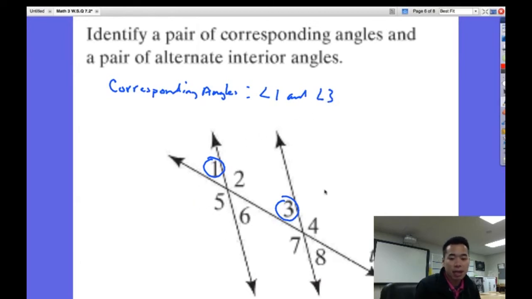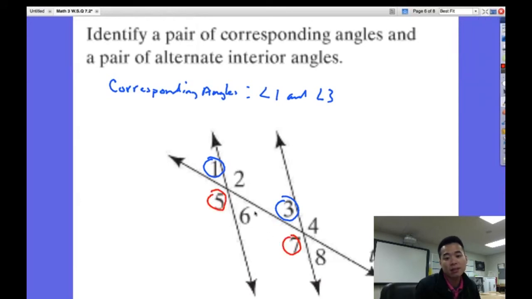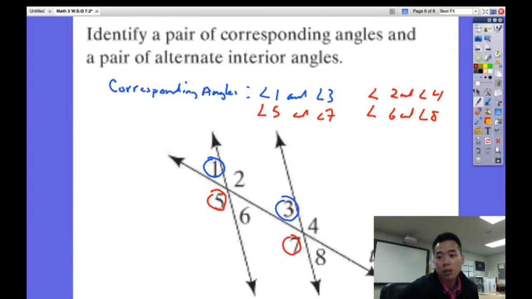Other examples you can have would be angle 5 and angle 7, angle 2 and angle 4, angle 6 and angle 8. Those are all corresponding angles. For alternate interior angles, I'll switch colors so you can see.